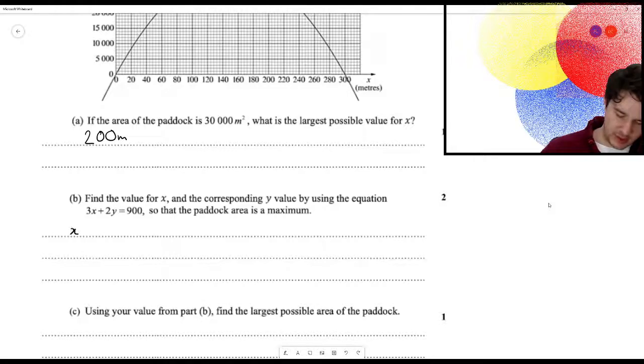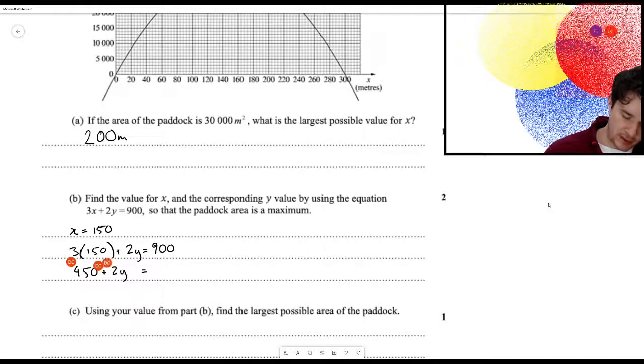So we say X equals 150. So 3 times 150 plus 2y equals 900, which is 450 plus 2y is 900. So 2y is equal to 450. Therefore, y is going to be 225 meters.